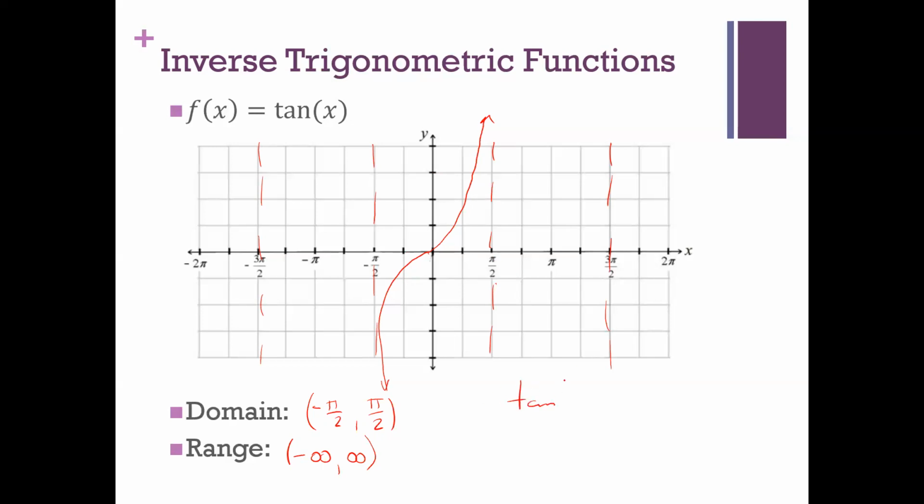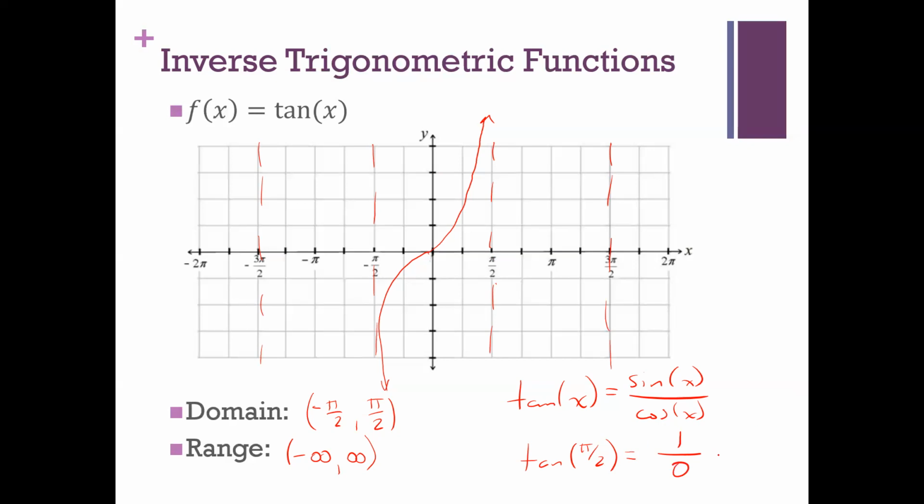Can I represent tangent in terms of sine and cosine? So this is true, right? But if we try to do, for example, tangent of pi over 2, what's the sine of pi over 2? 1, and cosine? 0.